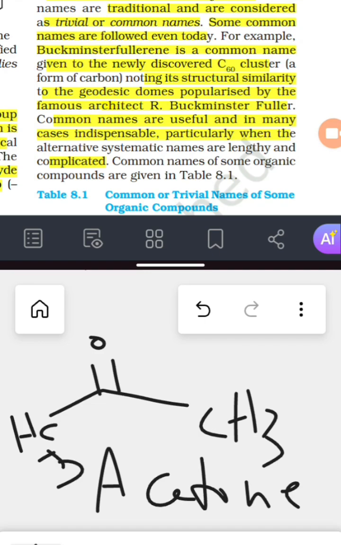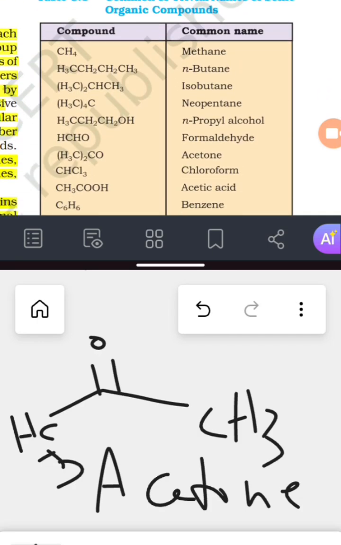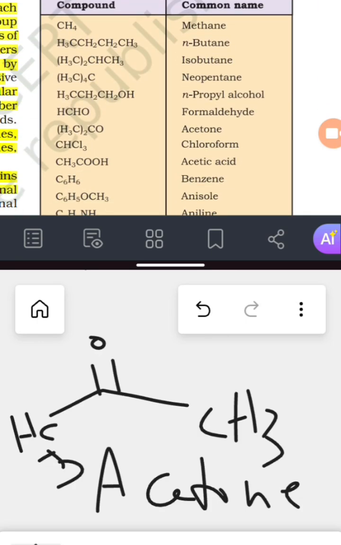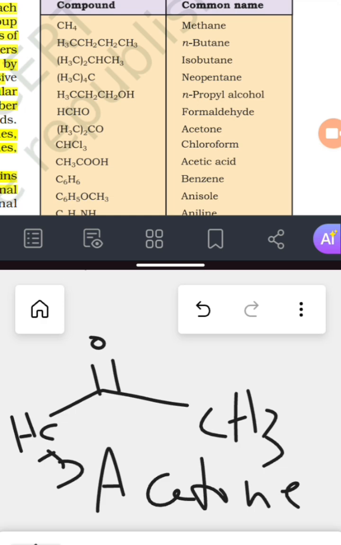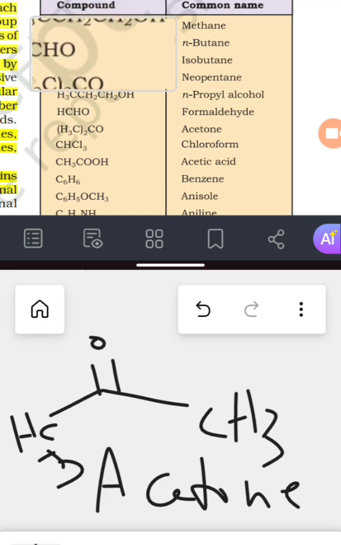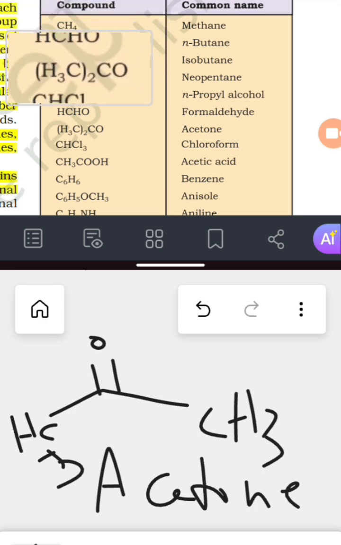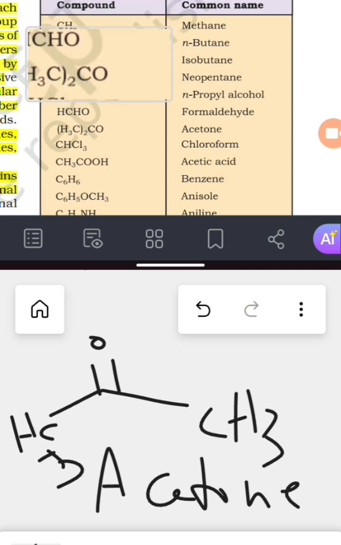Some common names of organic compounds are given in this table. Methane: the common name and IUPAC name are the same. This one is n-butane, and this is isobutane. This is neopentane.